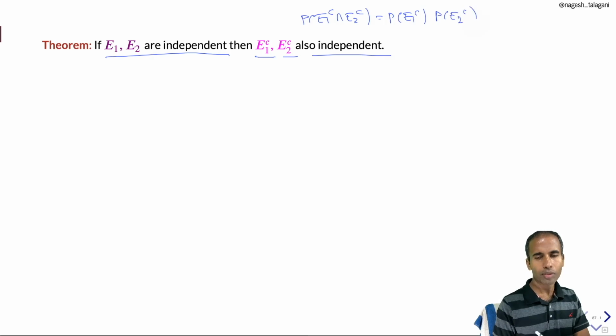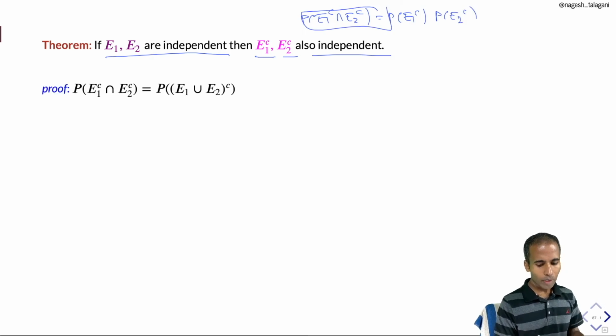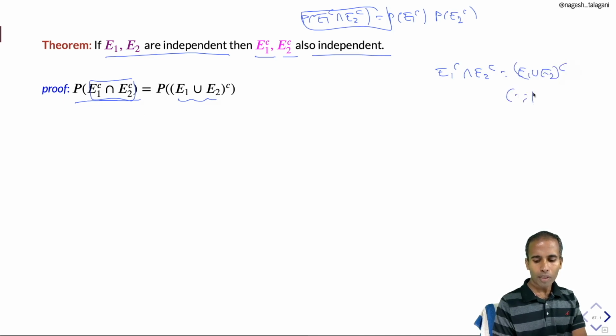Now first let us start with the left hand side, probability of E1 complement intersection E2 complement. Here from De Morgan laws we can write this as E1 union E2 whole complement.